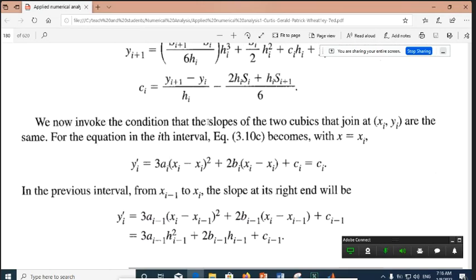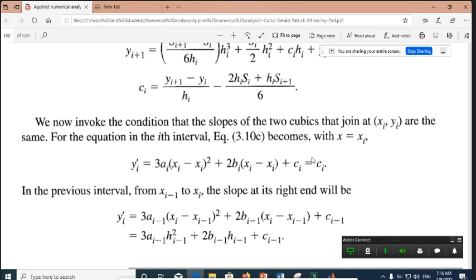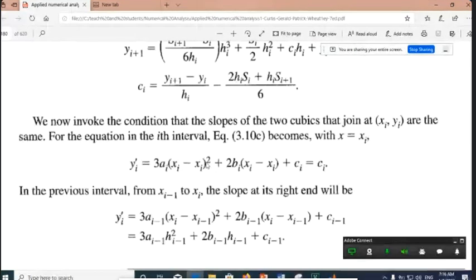We now invoke the condition that the slopes of the two cubics that join at this point are the same. For example, we have this equation, and then substituting x with x_i, we get g prime_i equals c_i.